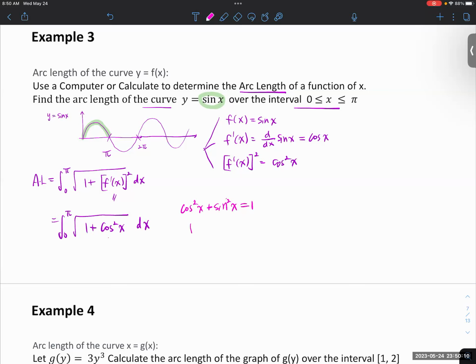So cosine squared x is going to be 1 minus sine squared x, so you can keep going with this work, but it's going to be a little bit complicated when you do the u substitution.